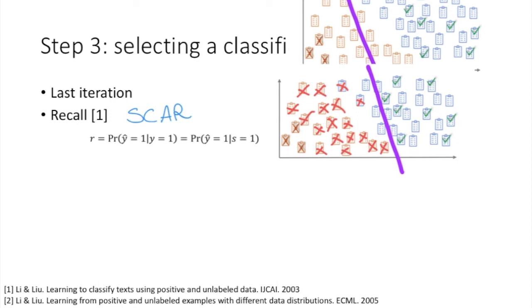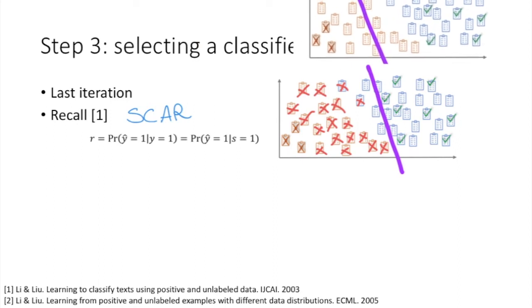Interestingly, the classifiers learned in early iterations will typically have a recall of 1 because the classifiers are too positive. So here we see indeed the decision boundary is too far to the left. It's including a lot of negative examples on the positive side, but the recall is 1 because all of the positive examples were also predicted as positive.